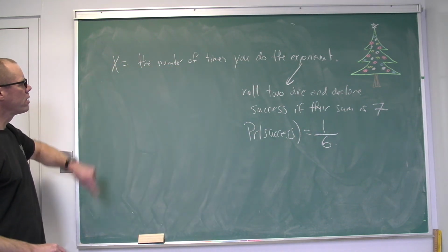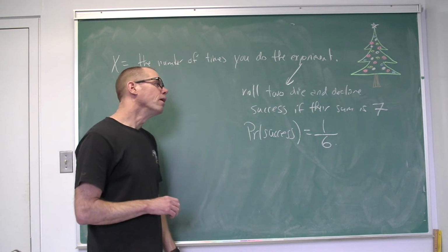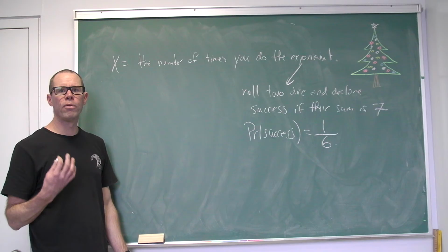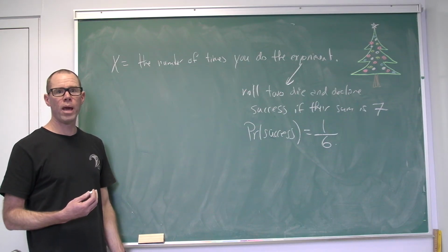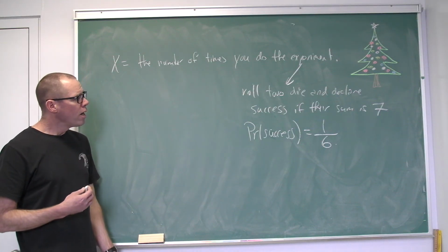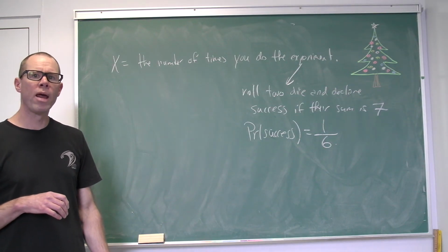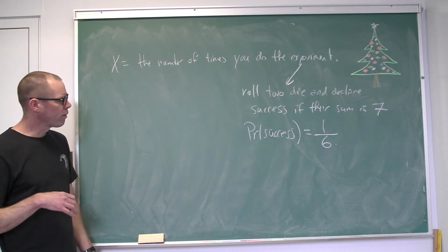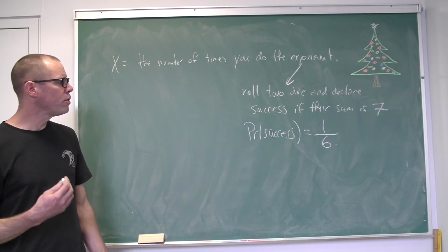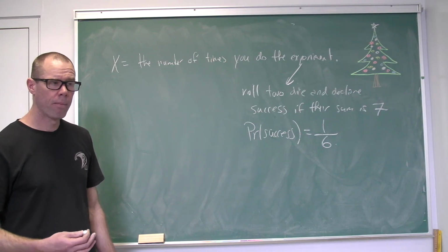And X is the number of times you do this experiment until you have a success. Now, if you followed my directions and carefully read the first page of the exam, or rather the first real page, not the cover page, there's a bunch of facts to remember there. And one of them reminds you what a geometric random variable is. A geometric random variable counts the number of times you need to run an experiment until you get a successful outcome.